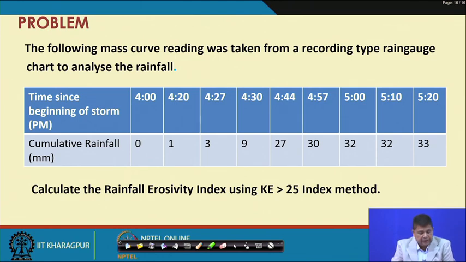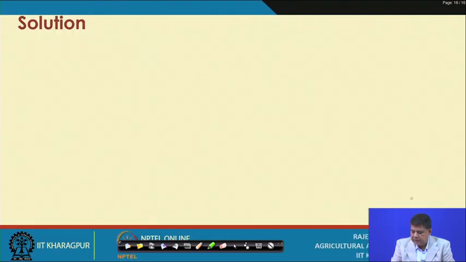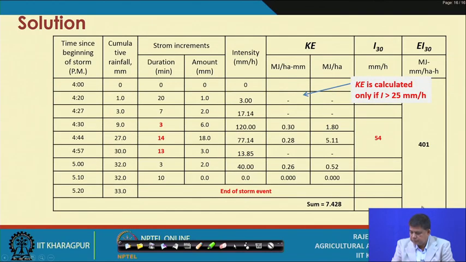That same event is being used, and we have to calculate the rainfall erosivity index using the KE > 25 index method. Earlier we used the EI 30 method, now we are using the KE > 25 index method.